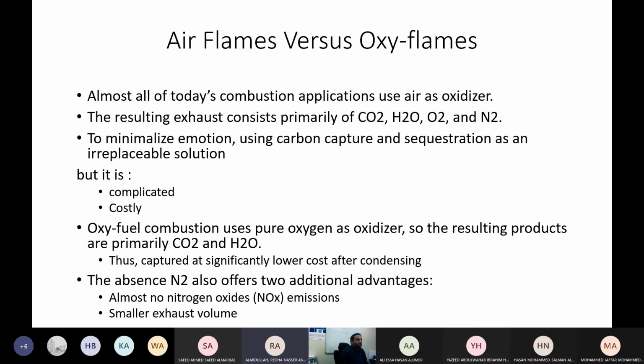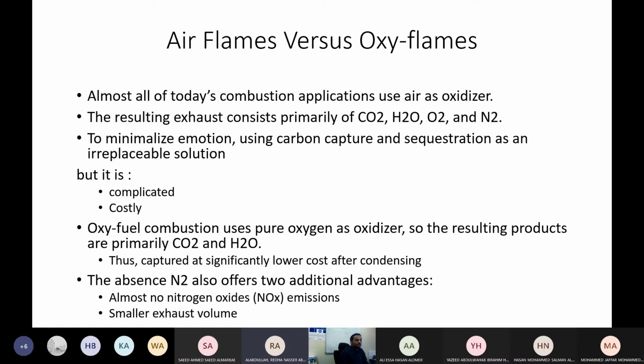Fossil fuel is the main source of energy in most countries, which produces carbon dioxide, and several agreements to minimize emissions using carbon capture and separation are an irreversible solution. But the separation of CO2 from the exhaust of air combustion is complex and costly.